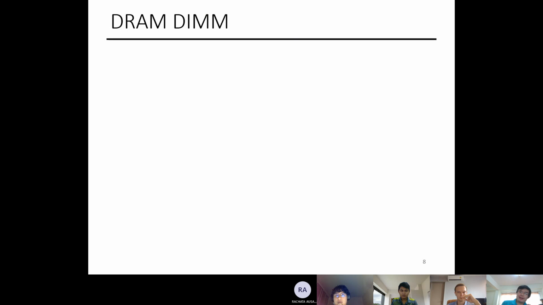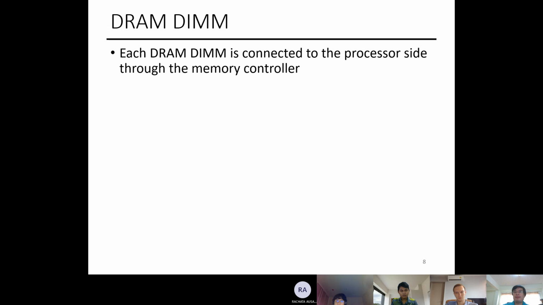So the first thing I need to tell you is there's this unit called DIMM. Whenever you buy DRAM, that one memory stick, whatever the language we use in Thai, I don't even know the word, but the official word is one DIMM, D-I-M-M. Each DRAM DIMM is connected to the processor side through what we call a memory controller.